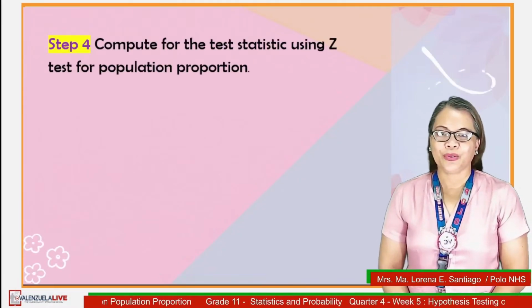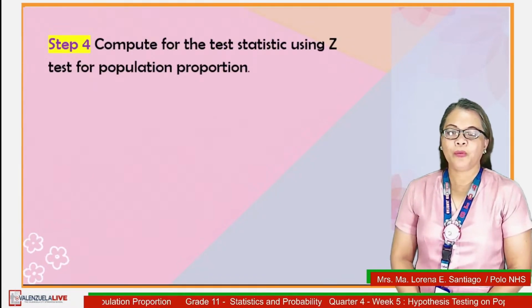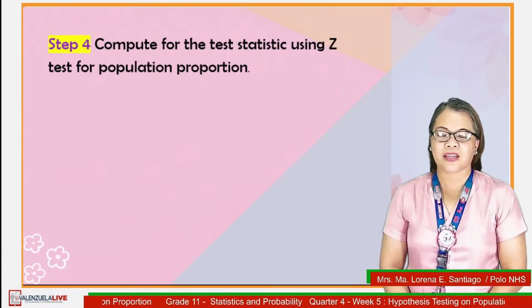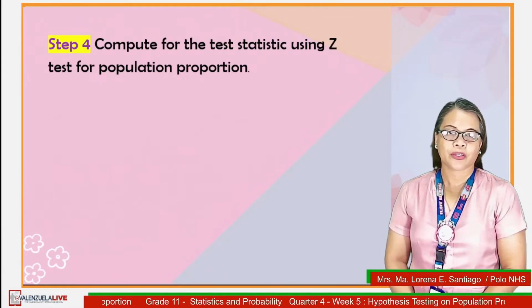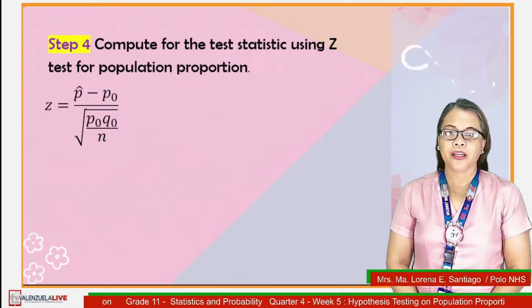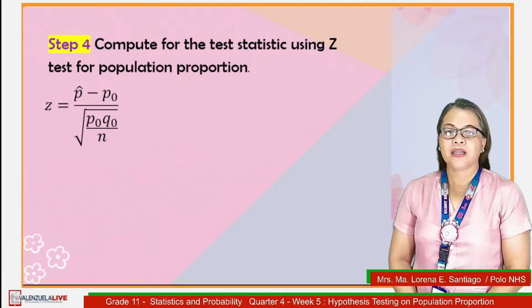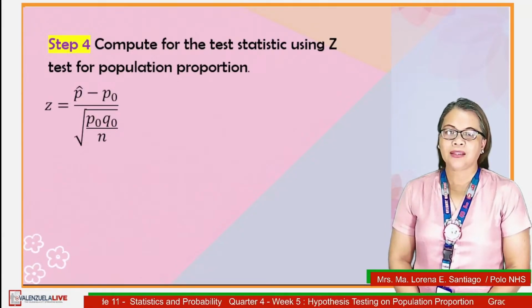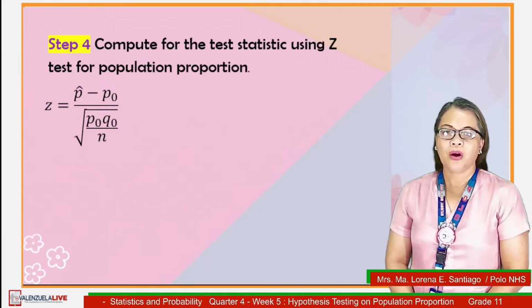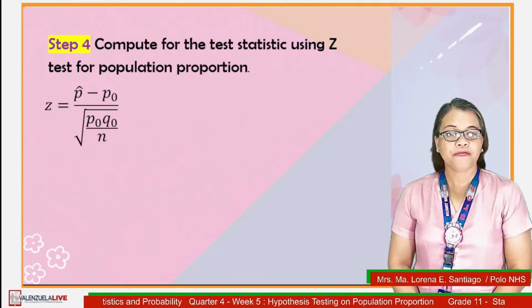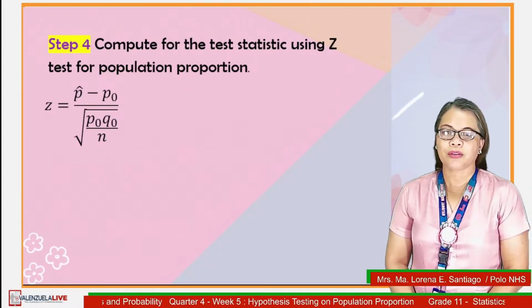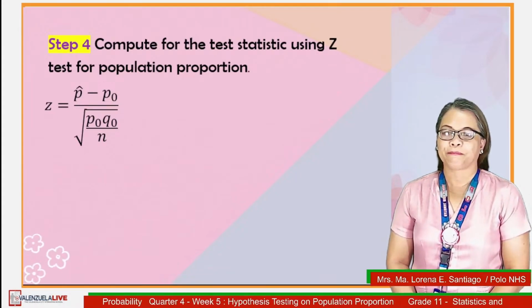Okay, let's go to step 4. We'll be computing the test statistic using the z-test proportion formula. Again, the formula is z is equal to p hat minus p sub 0 all over the square root of p sub 0 times q sub 0 over n.